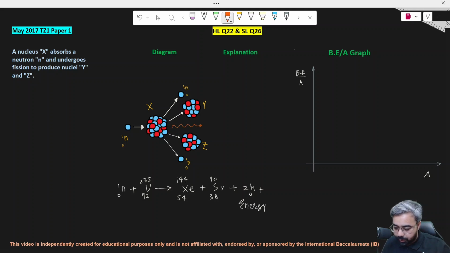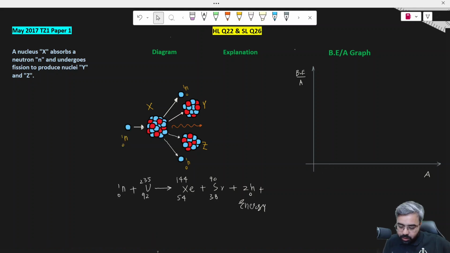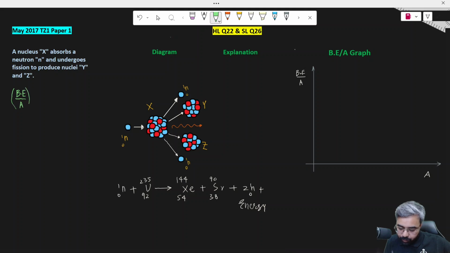So energy is released. Now, in our question, we have to examine the binding energy per nucleon of Y, which is the resultant, divided by the binding energy per nucleon of X, which is the parent element.